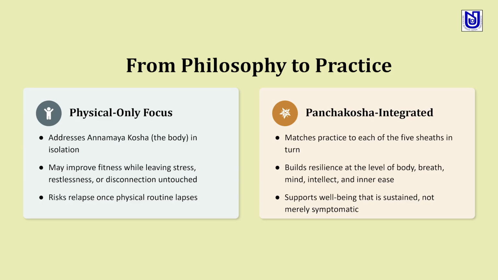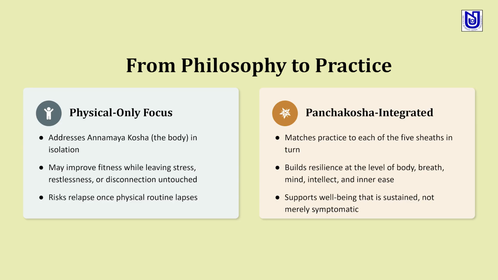It may help improve fitness, but other ailments such as stress, restlessness, or disconnection remain untouched, which can further risk physical imbalances. Therefore, for a holistic well-being, it is important to follow the Panchakosha integrated approach, where each of the sheaths are matched to specific practices.